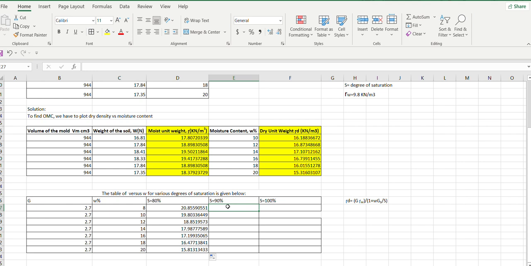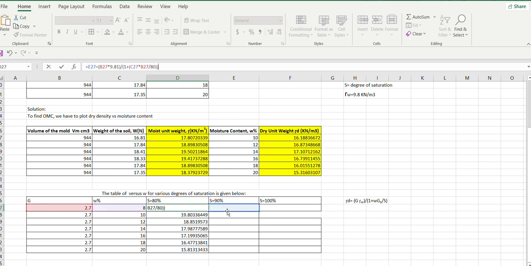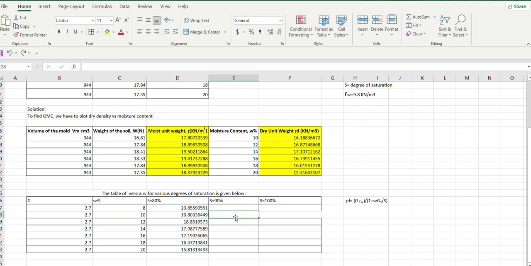For degree of saturation 90, it's the same. It's 2.7 times 9.81 divided by bracket 1 plus moisture content times G S, that is 2.7, divided by 90.